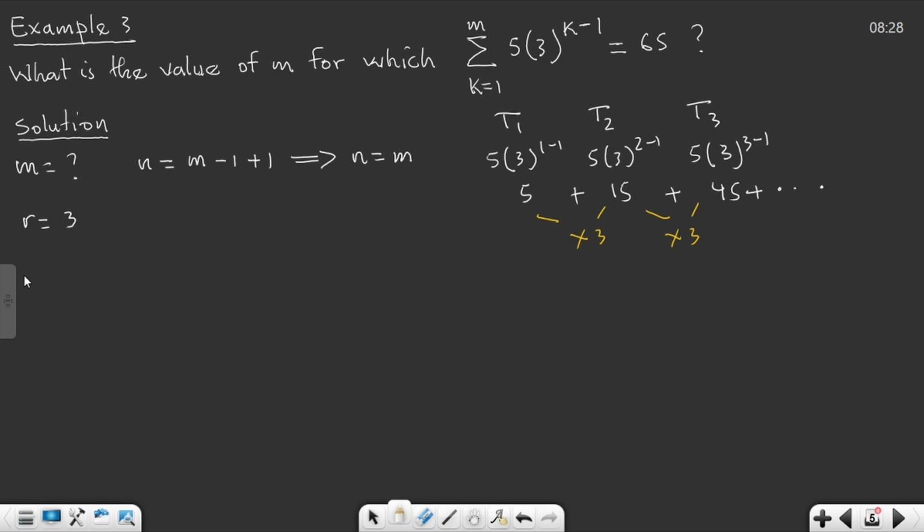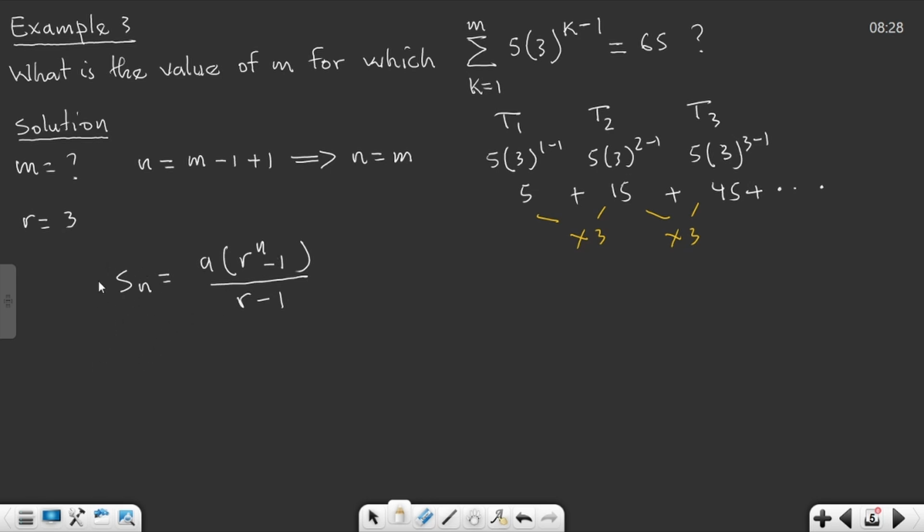Since this is a geometric series, we can use the formula for the sum of a geometric series. And then we're going to solve for n. So if we find n, then we have solved for m.